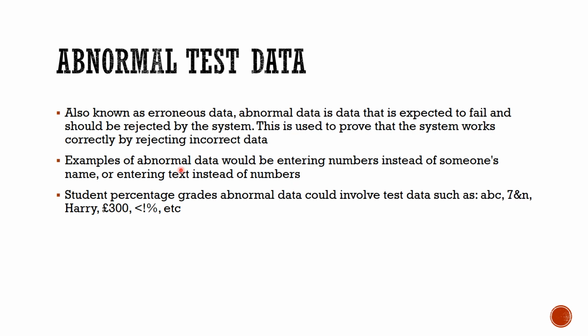Examples of abnormal data would be entering numbers instead of someone's name or entering text instead of numbers. So, entering any data other than the normal data is basically abnormal data. If they are expecting you to enter your age and you enter your name, or they are expecting your Gmail and you enter your name, this type of data is an abnormal test.